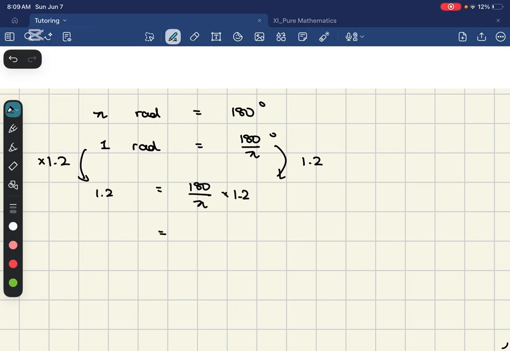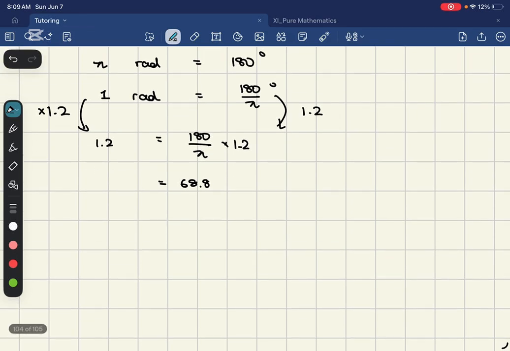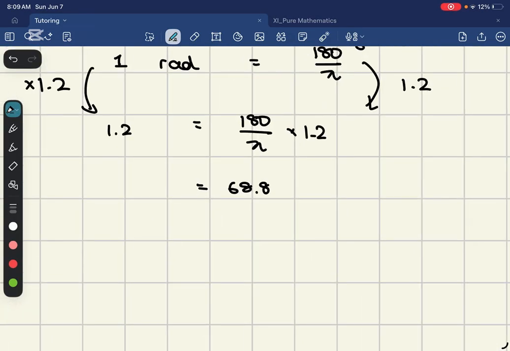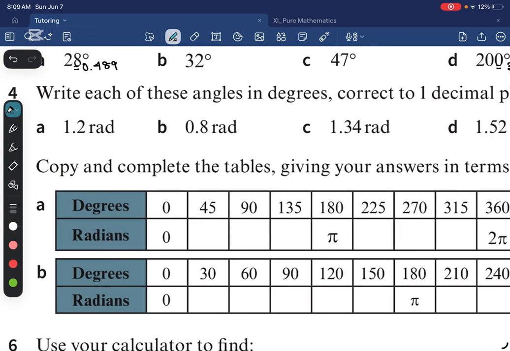If you put that in your calculator, you get 68.8 to 1 decimal place. So this is 68.8 degrees.